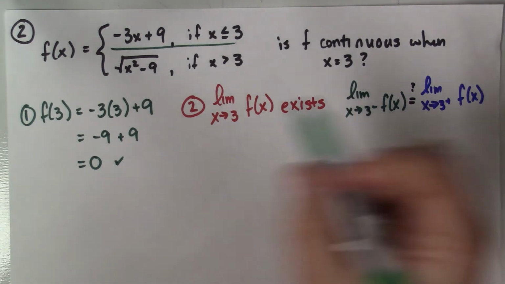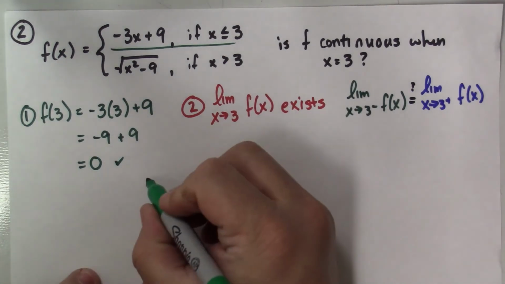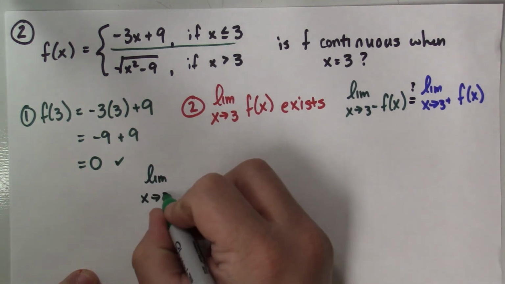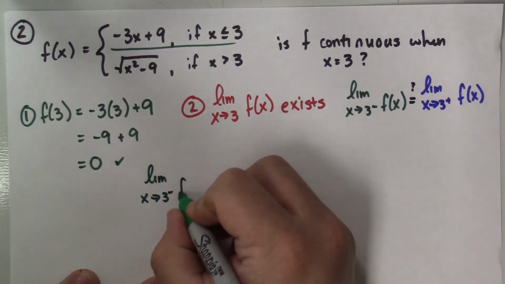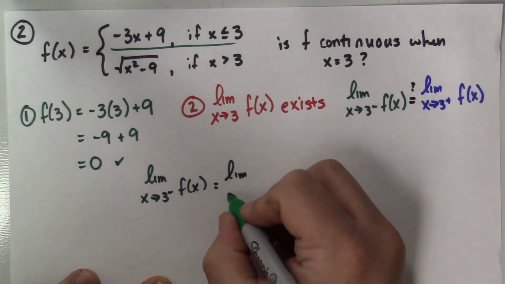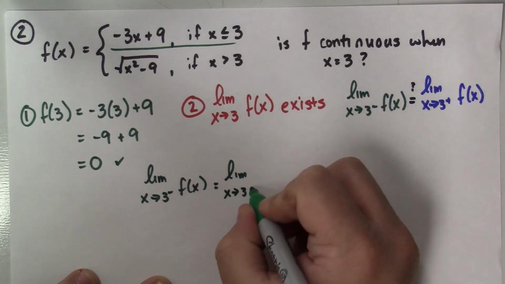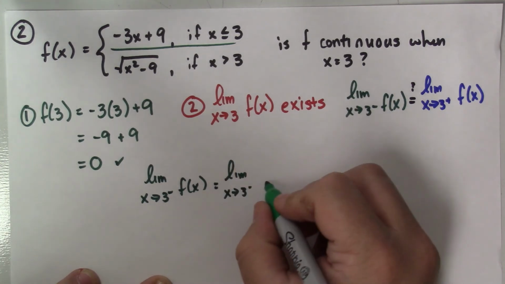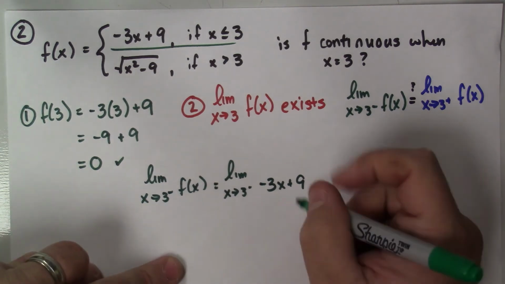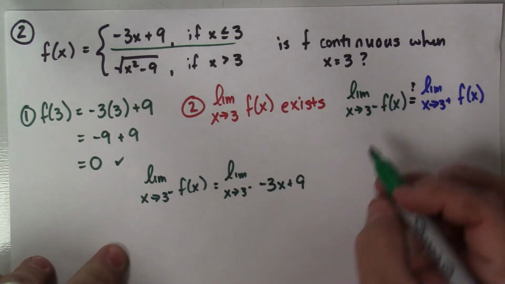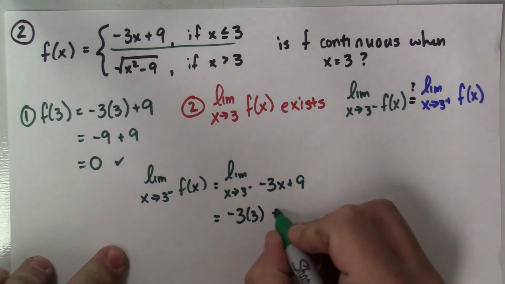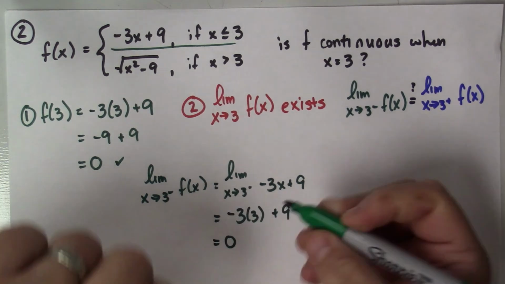So from the left, I'm following this green rule. So I'm going to say the limit as x goes to 3 from the left of f of x. Well, that's the limit as x goes to 3 from the left of negative 3x plus 9. Now, if I'm sneaky, I realize that these two things are exactly the same. That's negative 3 times 3 plus 9, which is 0.